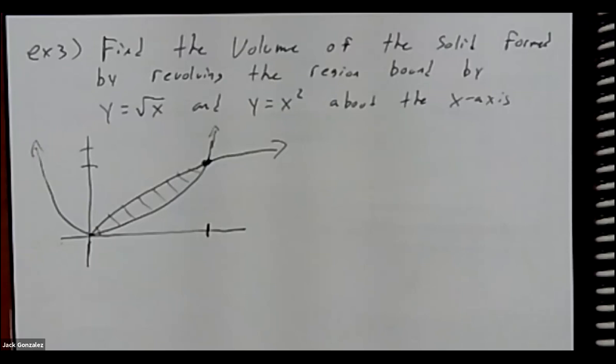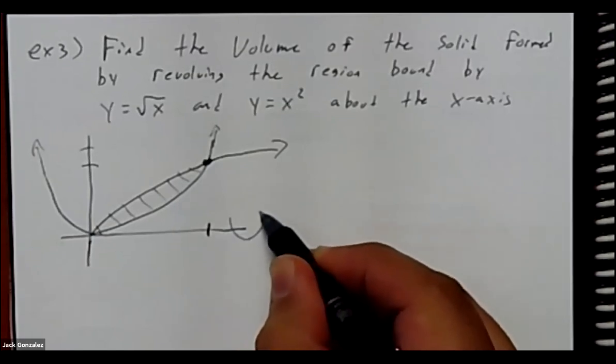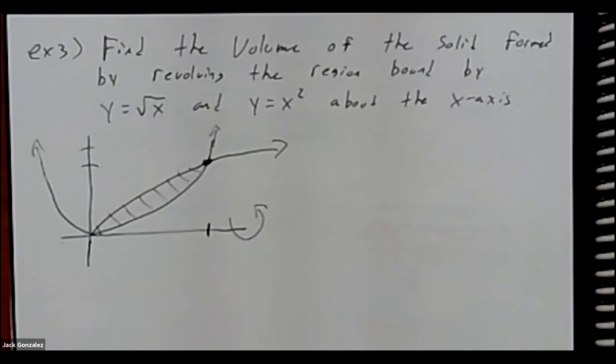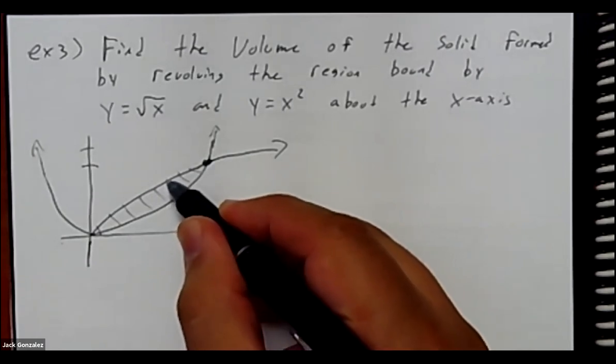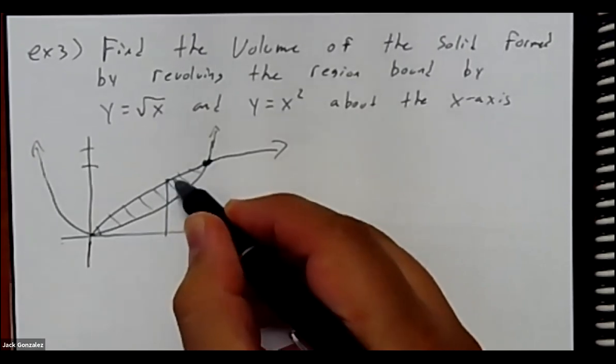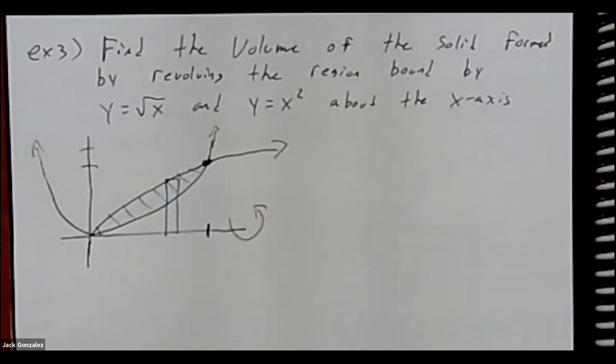They said about the x-axis, right? So my slice is from here to the axis of rotation. Is this going to be a washer or a disc? Is there a hole or no?